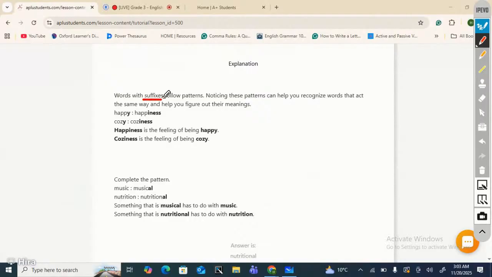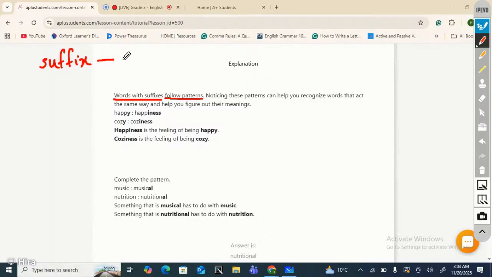Words with suffixes follow patterns. What are suffixes? A suffix is a group of letters that we add at the end of a word to create a new word.